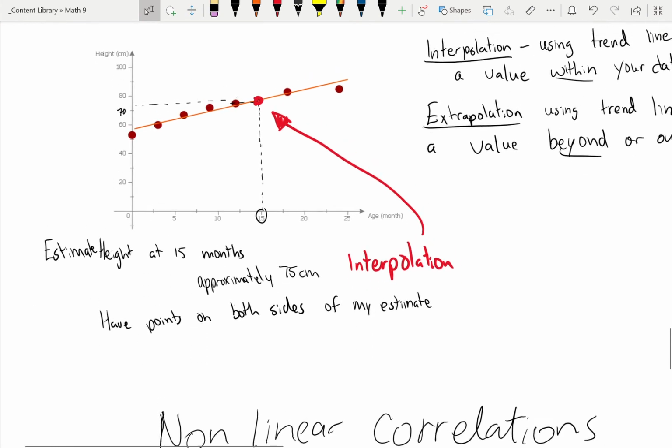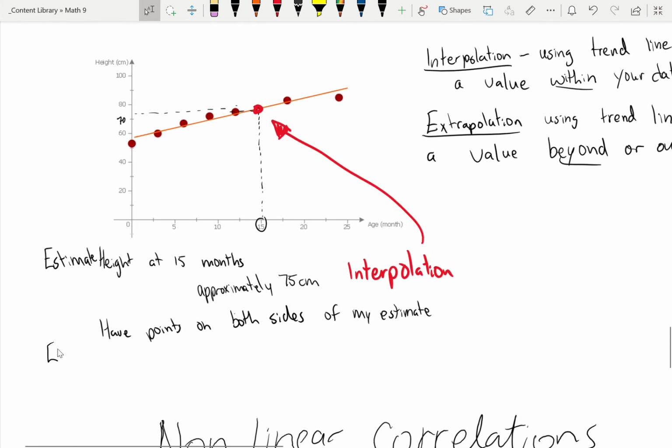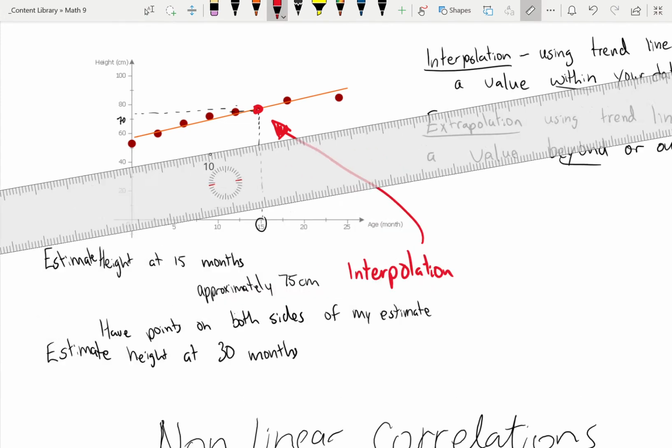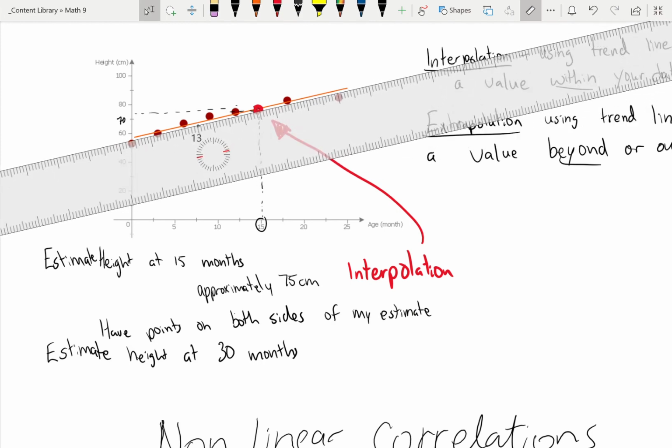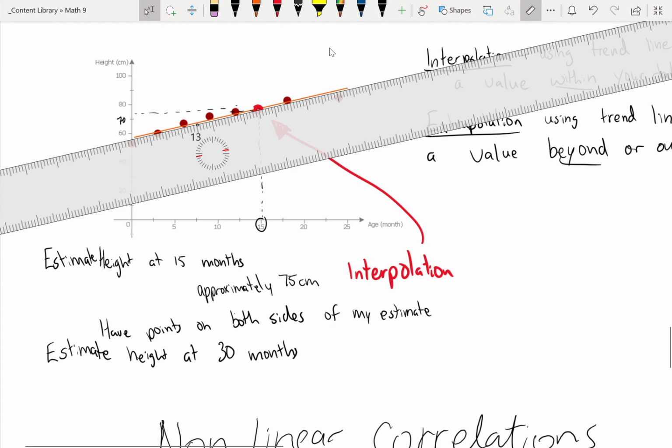Now, if there's a second one, estimate height at, I'll go 30 months. I have to then go back to my line and I have to extend it outwards.